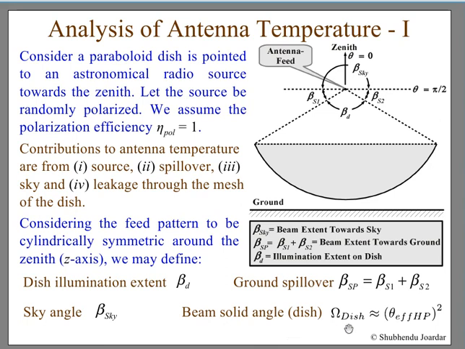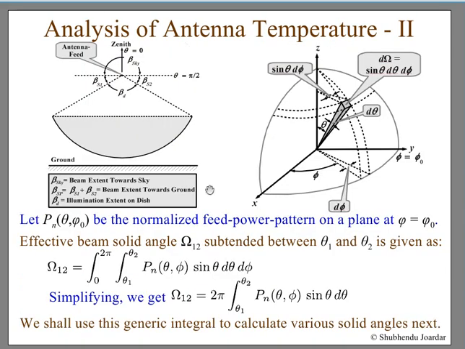And the beam solid angle of the dish, this is for the dish. So omega dish is equal to the effective half power beam width in both directions. The product of that is theta effective HP squared. Now, let Pn be the normalized feed power pattern on the plane phi equal to phi naught.